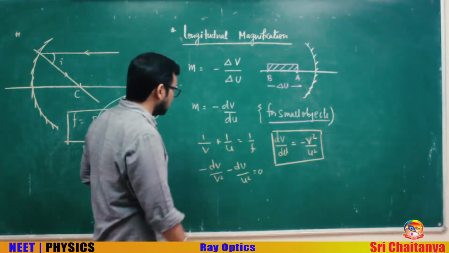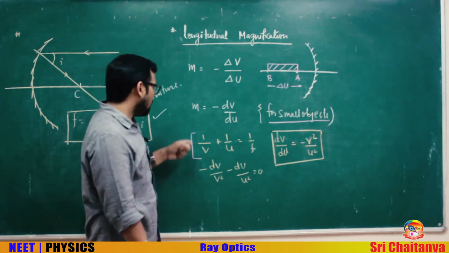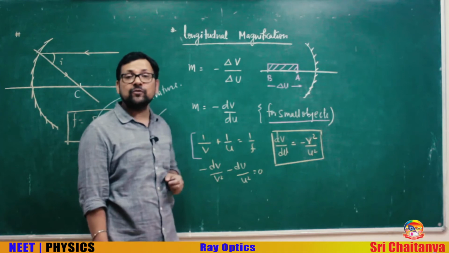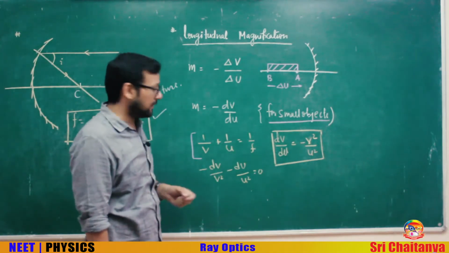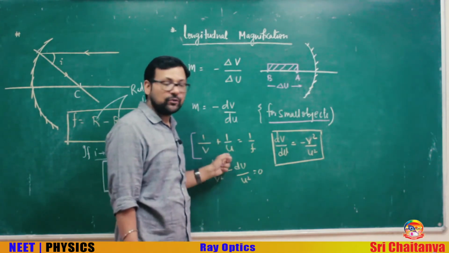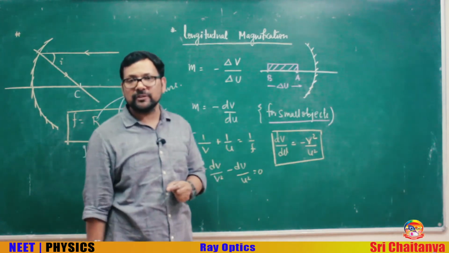And from this, see, this we know is the mirror formula, right? Now differentiate it partially. 1 by v gives minus 1 by v square, and using the chain rule, dv. 1 by u gives minus 1 by u square, du. And for f, the focal length being constant, the differentiation would be 0.